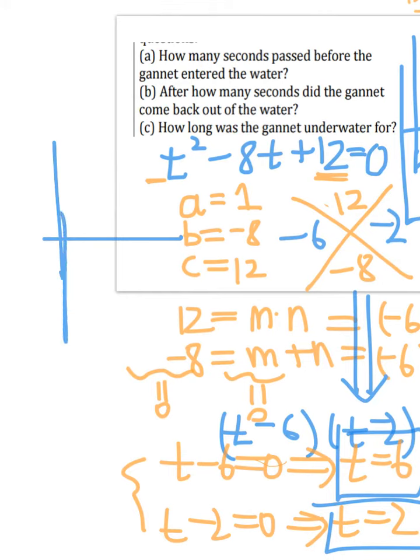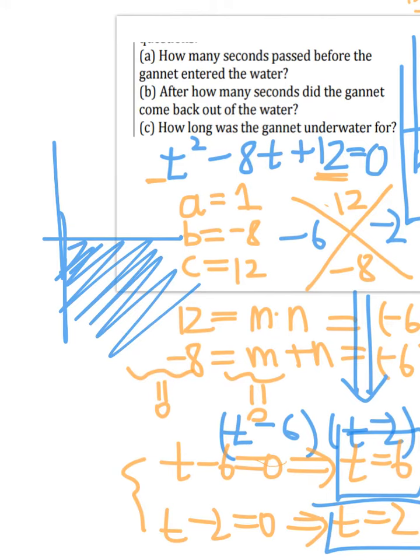So this is under the water. This is under the water. And the graph looks like this. So this is when it entered the water, and this is when it came out of the water.